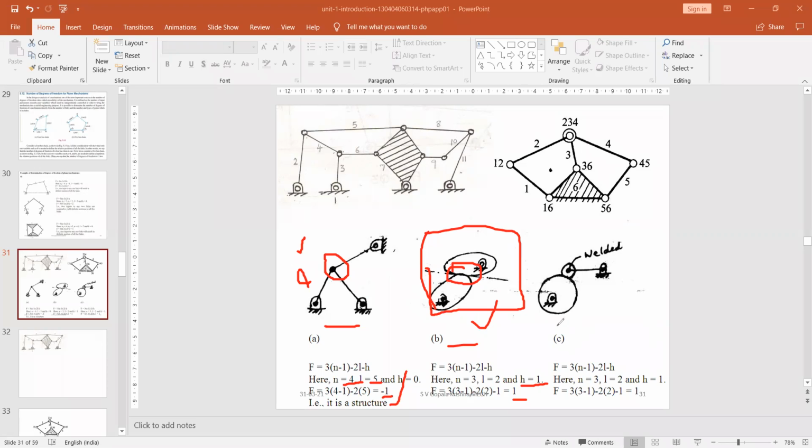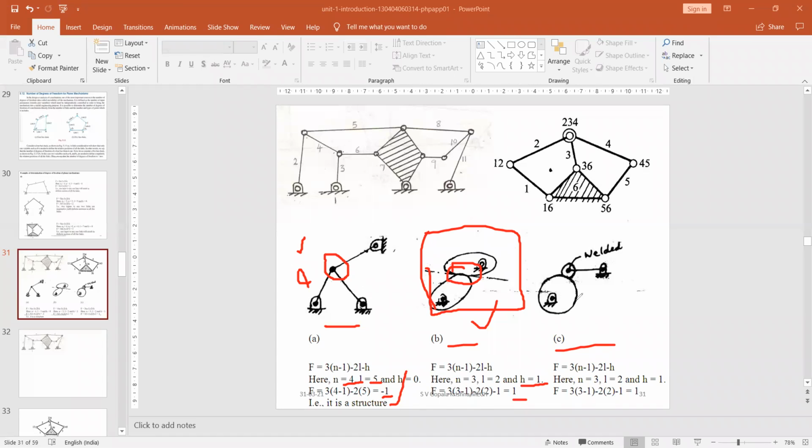Now similarly, let us see figure C. How many links are there? Anyone? One, two, three, and four.